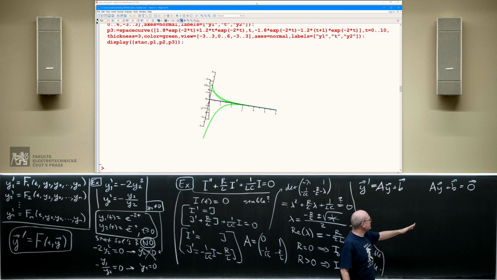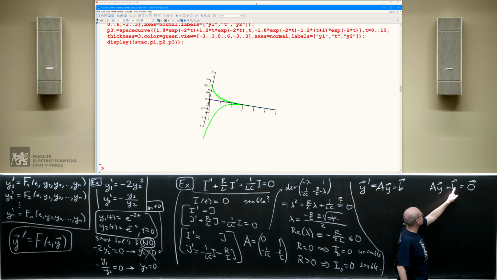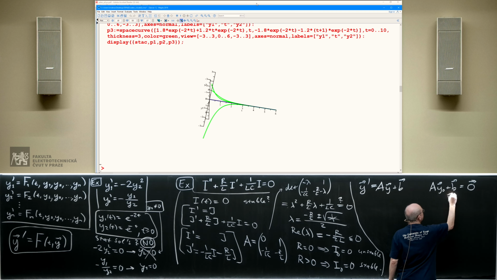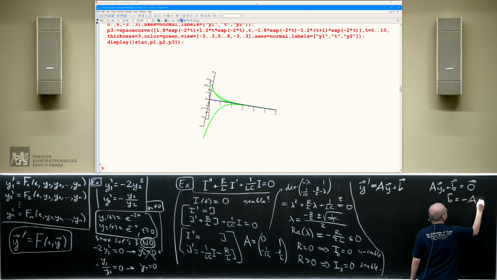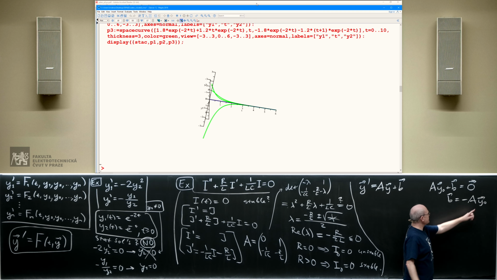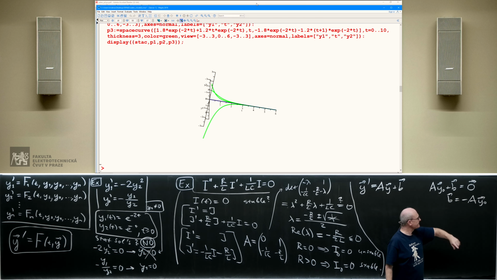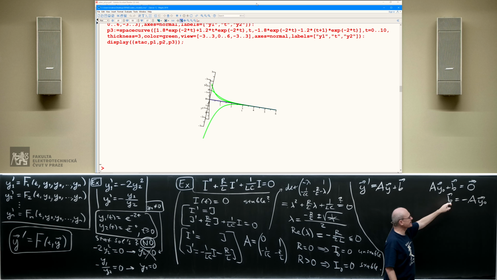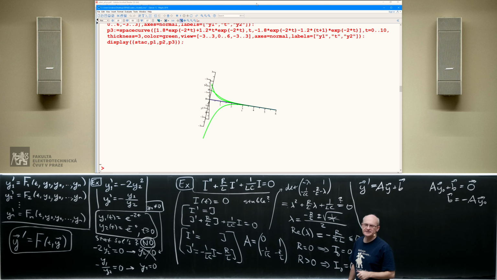And let's just imagine for a second that there's also the variable t present in the right-hand side b. If I do find a stationary solution, then b will be minus a y naught. Now, a stationary solution is a constant vector. A is a constant matrix. This is a constant vector, and therefore b cannot involve any t in it.